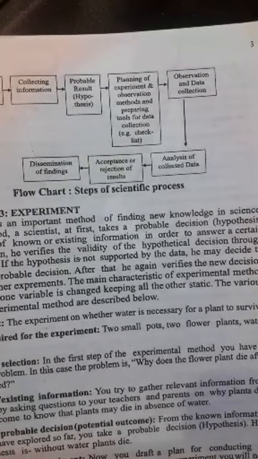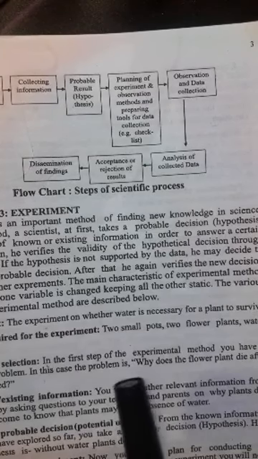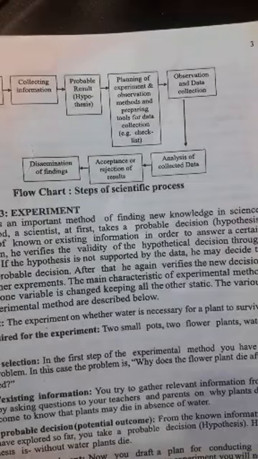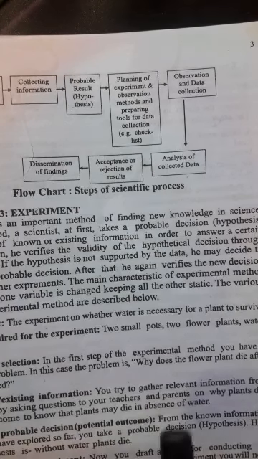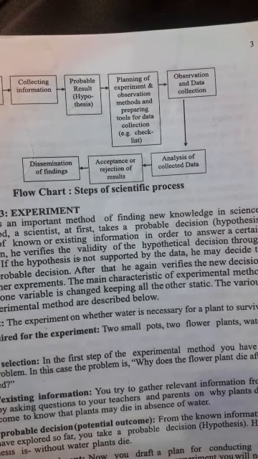What we have to collect or need: 2 small pots, 2 flower plants, water, dry soil. For this experiment we will need 2 small pots, 2 flower plants, water, dry soil. Number 1, problem selection. In the first step of the experimental method, you have to select the problem. In this case, the problem is, why does the flower plant die after being planted?